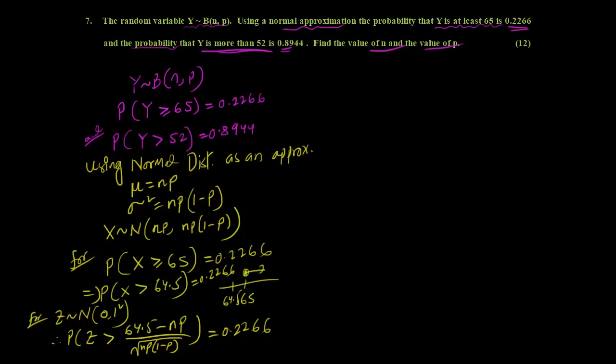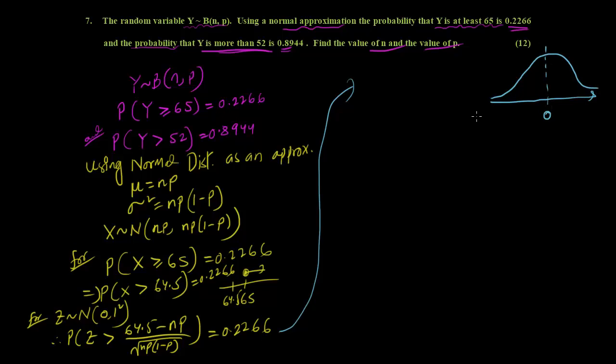The first thing you have to do while finding the random variable, since that's what we have to do, we have to find the value of z, you have to draw the normal distribution. So let me draw the normal distribution over here. The normal distribution has a bell curve, and we know the standard normal distribution is centered at 0. So we have to shade from greater than z. When you shade greater than, you have to shade from the right hand side.